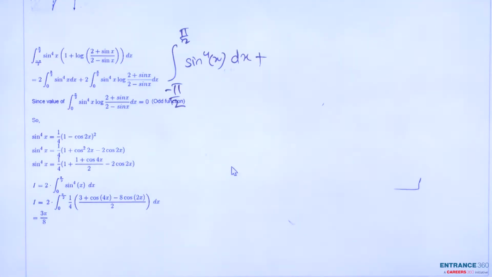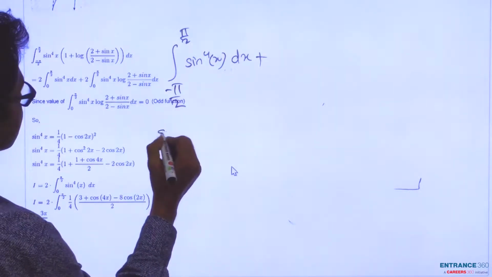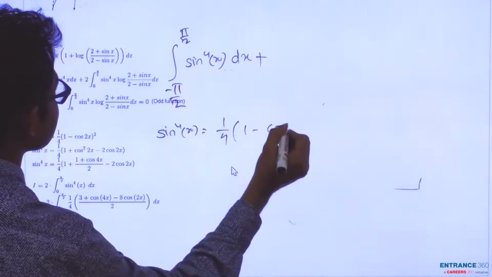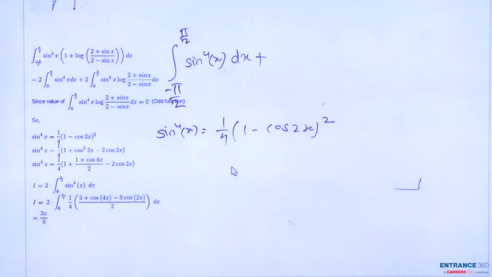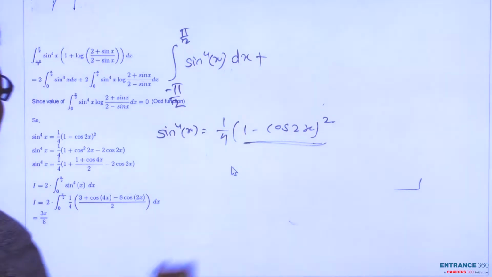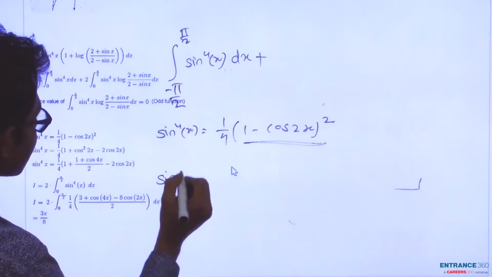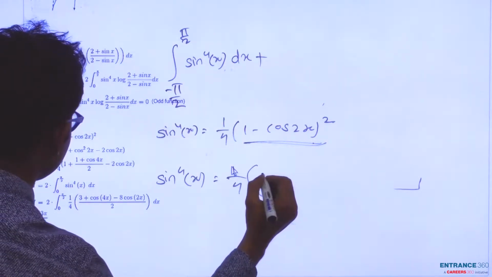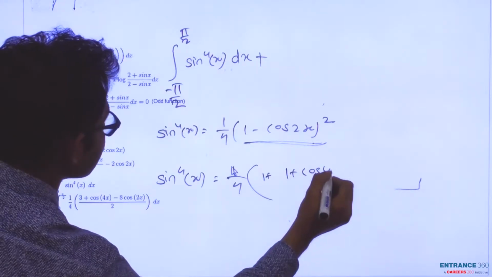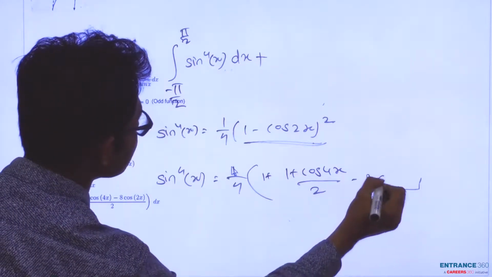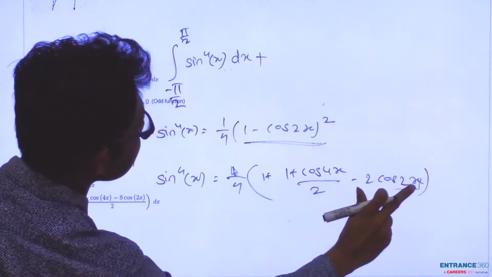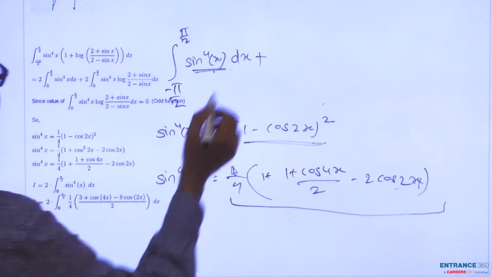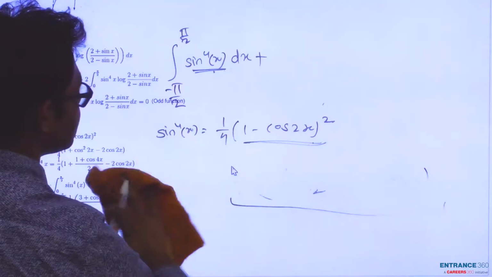Apply the property of trigonometry. sin^4 x equals 1 by 4 (1 minus cos 2x) whole square, and expanding this, we get sin^4 x equal to 1 by 4 (1 plus cos 4x divided by 2 minus 2 cos 2x). So just replace this value here for sin^4 x and find the integration.